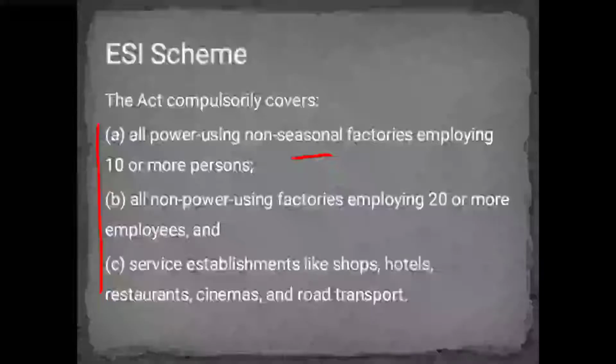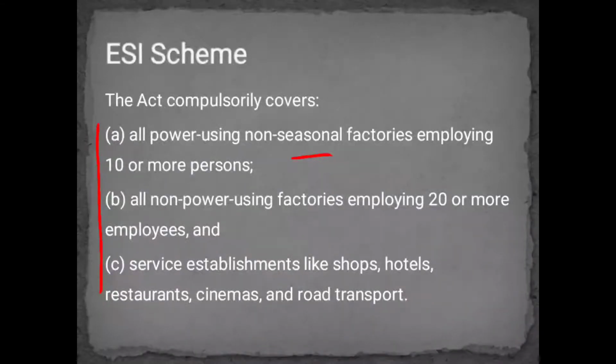Non-seasonal means factories running throughout 12 months where there are 10 or more employees. So not one or two; if 9 members are there, then that factory is not covered. Though if the members are 10, then it will be covered.